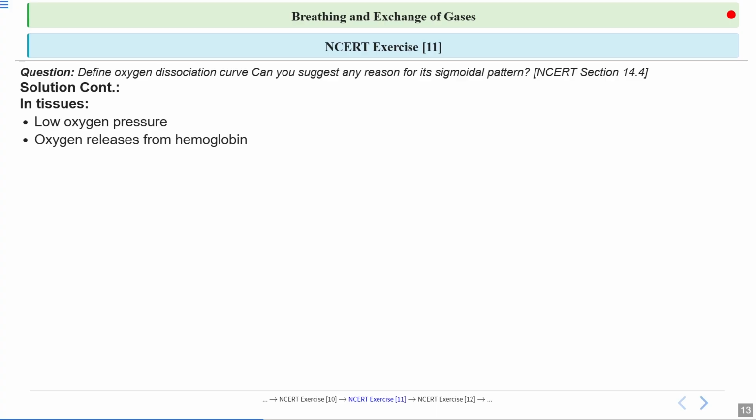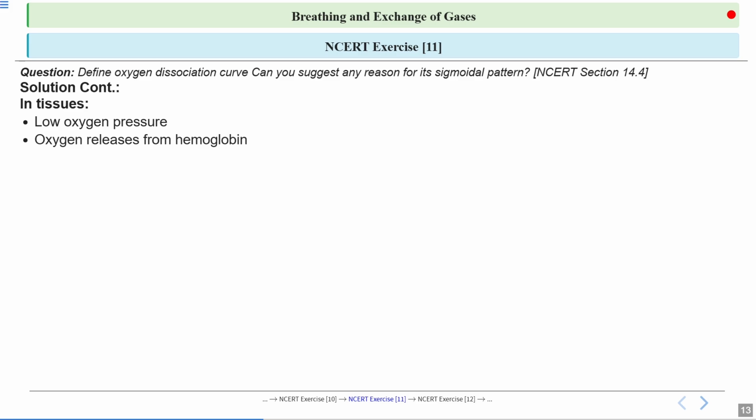Glycolysis is there, the Krebs cycle is there, the electron transport system is there, and in that process carbon dioxide gas is released, right? So at the tissue, there is a high partial pressure of carbon dioxide, not oxygen.